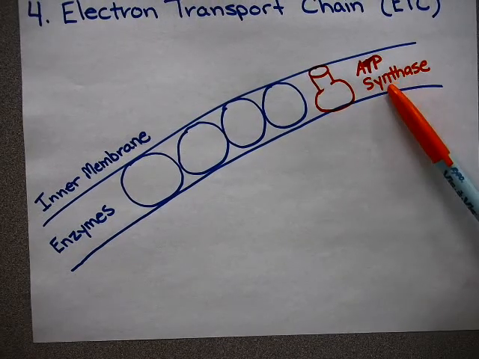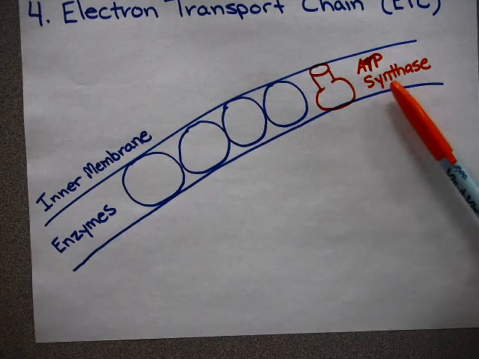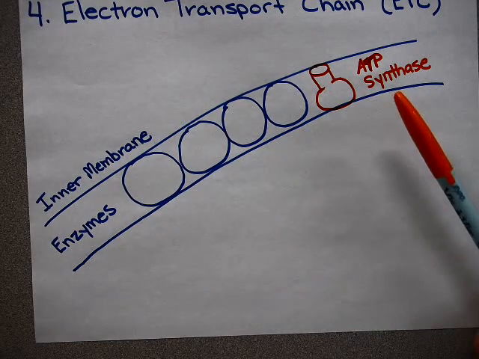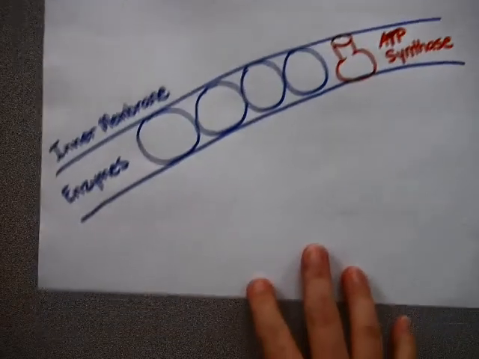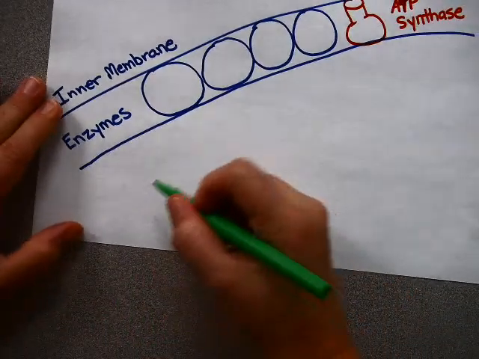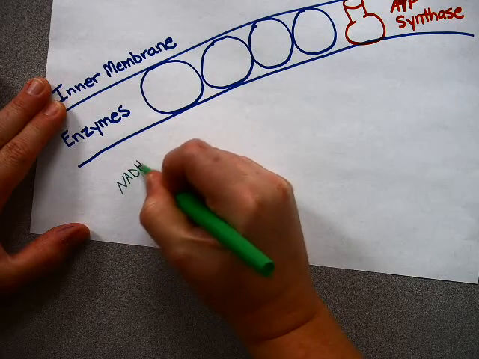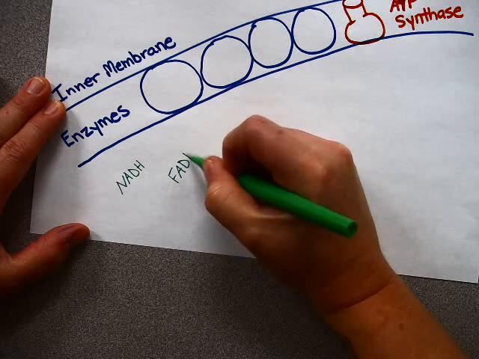Yeah, this is a very special enzyme. It's the world's smallest turbine, can spin just like a water wheel, and when it does, it has kinetic energy to phosphorylate ADP. However, we have to have something to make it spin. Well, it's a good thing that we have NADs coming. Here they come, NADHs. And here comes some FADH2s.